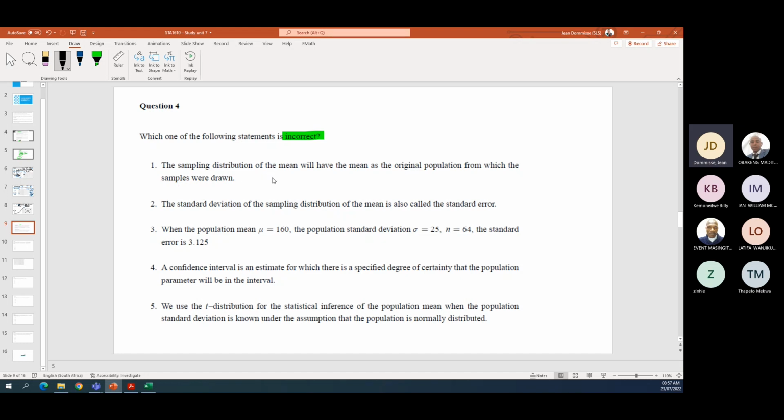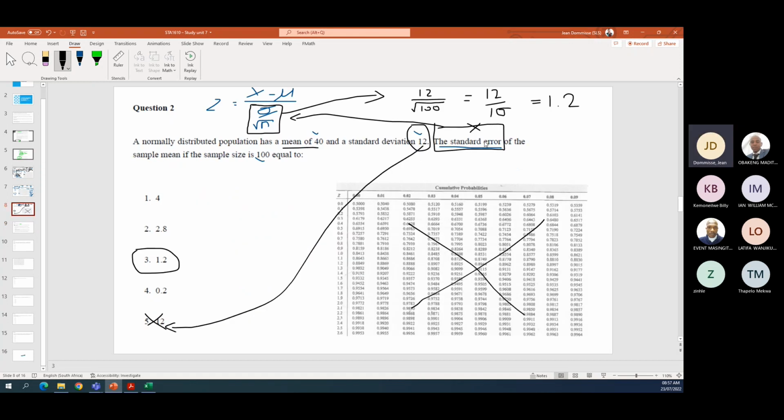The sampling distribution of the mean will have the same mean as the original population from which the samples were drawn. Okay, so that is correct. You can see in this question it was stated like that: a normal distributed population has a mean of 40 and a standard deviation of 12.